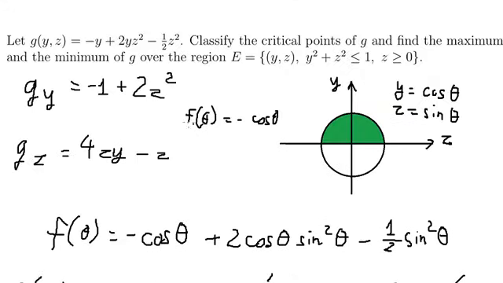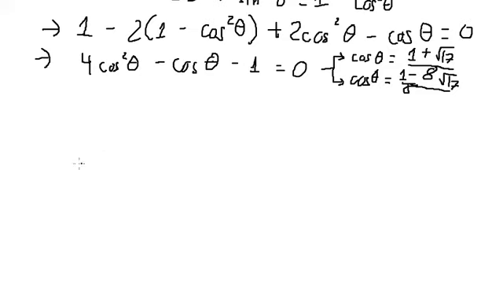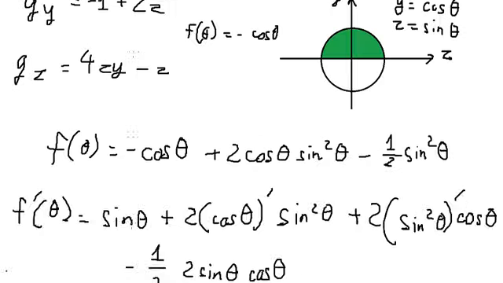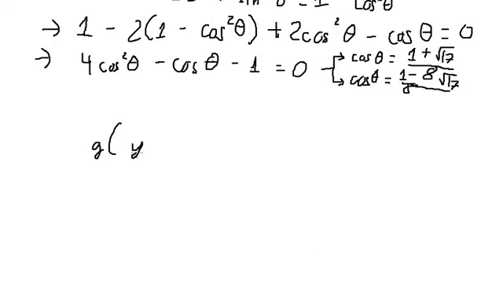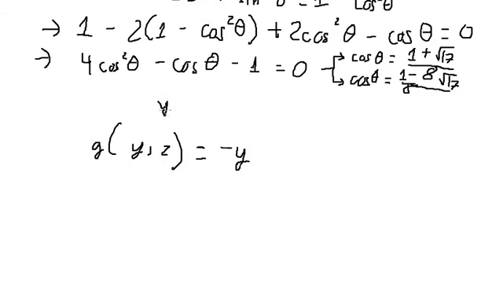So if we look back to the function, if we put 0 going here and here, we just have only negative y. So negative y, and we have y squared smaller than or equal to 1.